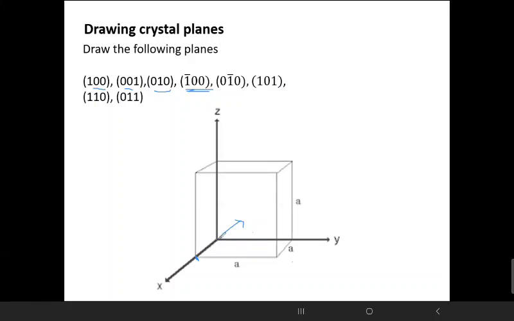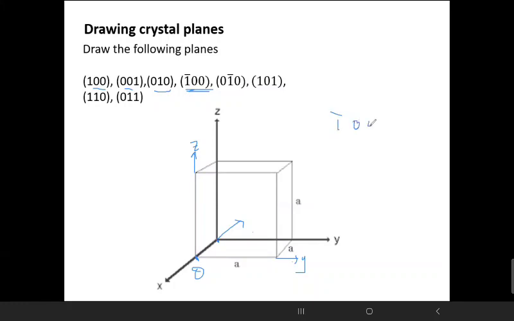So at this time, you have to change the axis. Now you will take this as 0. This is Y and this is Z. Now you have to draw bar 1, 0, 0. This is plus 1, this is minus 1.